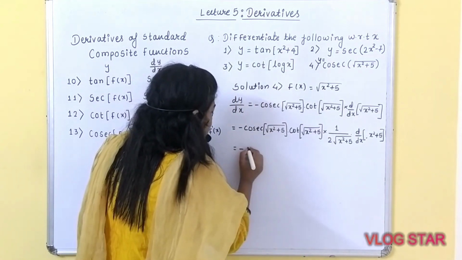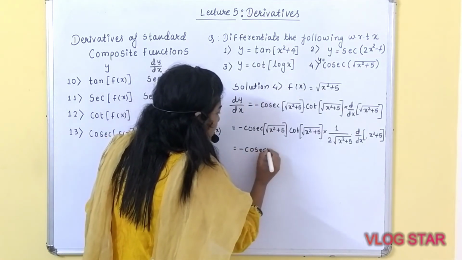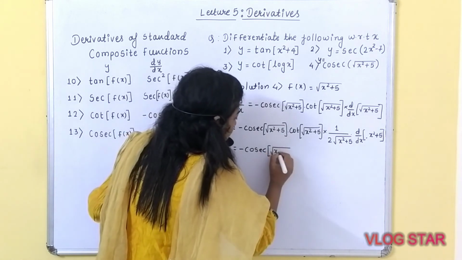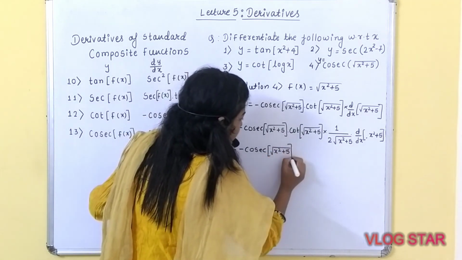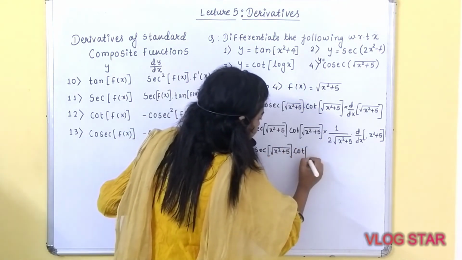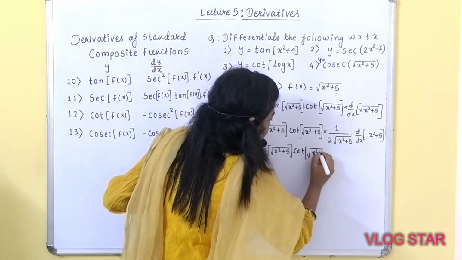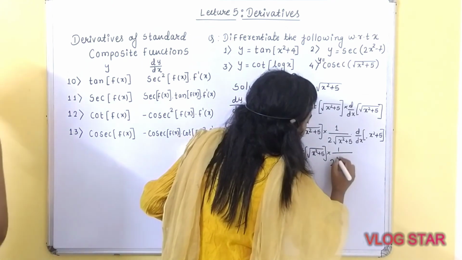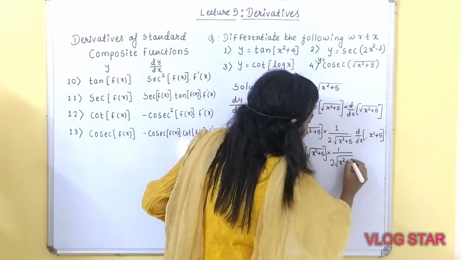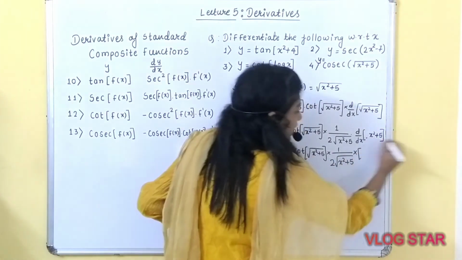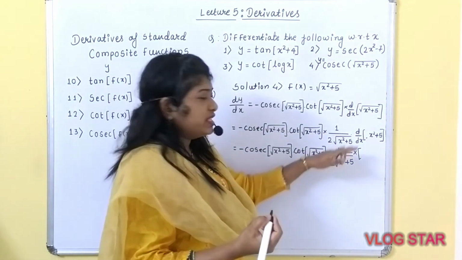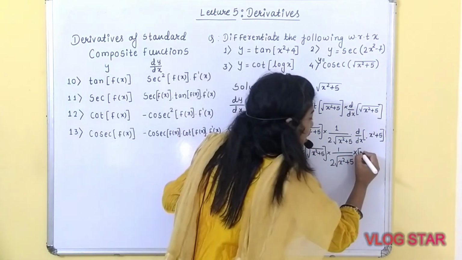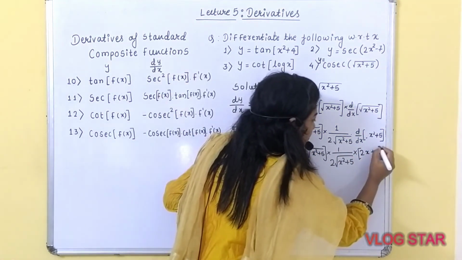So the final answer you will get is minus cosec under root of x square plus 5 into cot under root of x square plus 5 into 1 upon 2 root x square plus 5 into derivatives of this term. What is the derivatives of f of x? 2x plus 0.